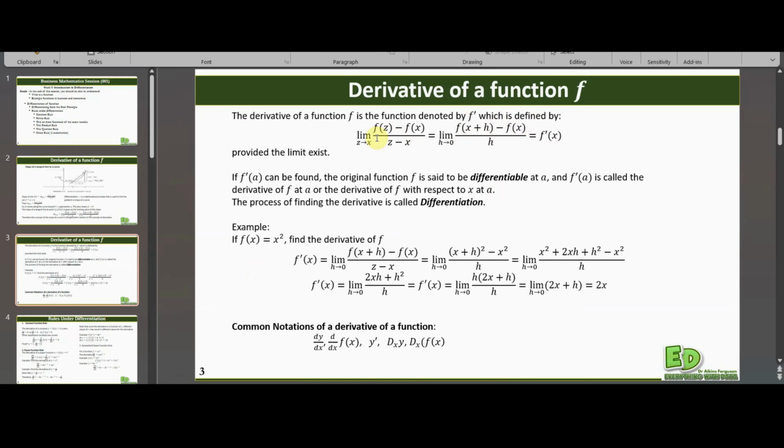Remember that z minus x is equal to h, which is our horizontal distance. It's equal to f prime of x.